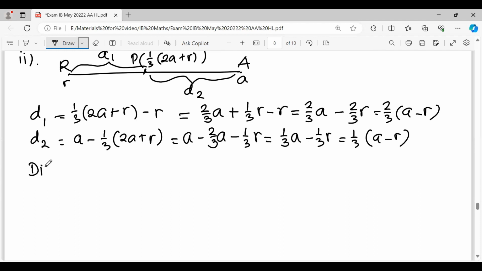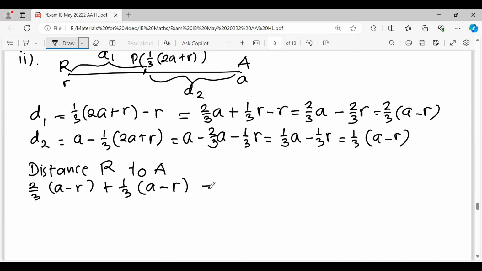Now we could state that the distance R to A is 2/3 (a minus r) plus 1/3 (a minus r), which equals 3/3 (a minus r), or equals a minus r. This is the accumulation of D1 plus D2.